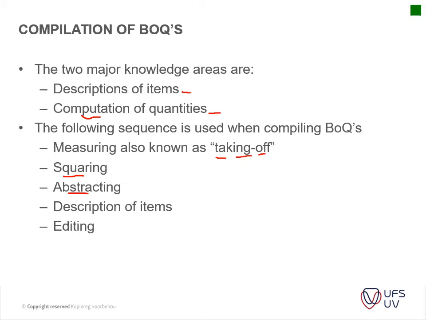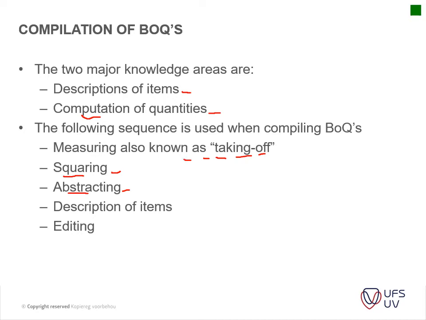So that amount that you took off there, you squared that, and then it's allocated or abstracted to your different items. That is not that important for you guys, but you should know that the sequence is, you measure your items.